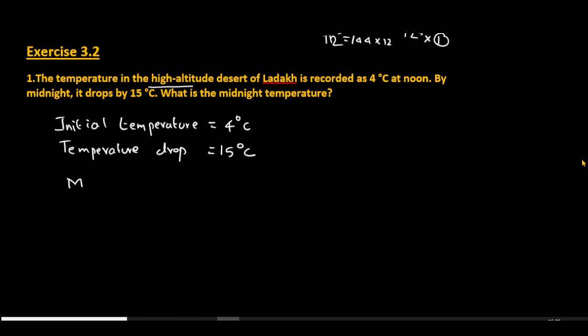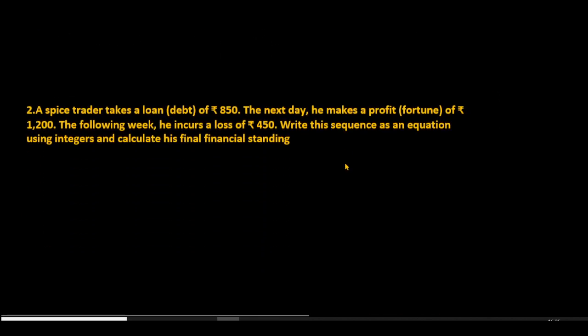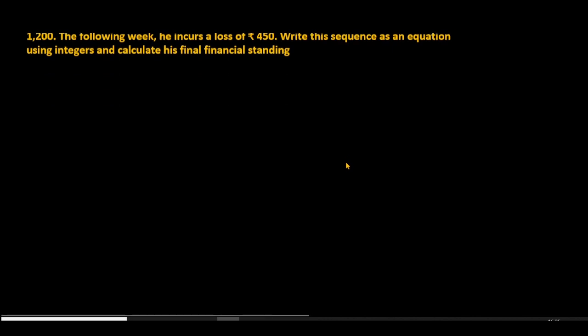So, the midnight temperature is nothing but dropped means you need to subtract 15 degrees Celsius, which is minus 11 degrees Celsius. Increase means you need to add, drops means you have to subtract.